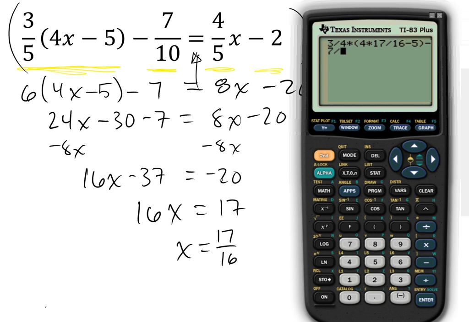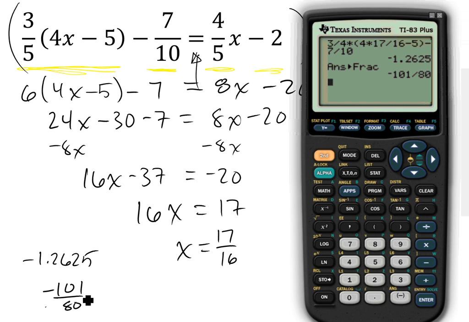So 7 divided by 10. And when I do that on the left-hand side, I get, that's not great, negative 1.2625. It terminates. Looks like it's a fraction. Let me display that as a fraction. I get negative 101 over 80. Well, that's the left-hand side.